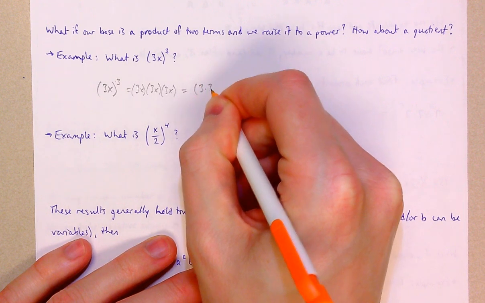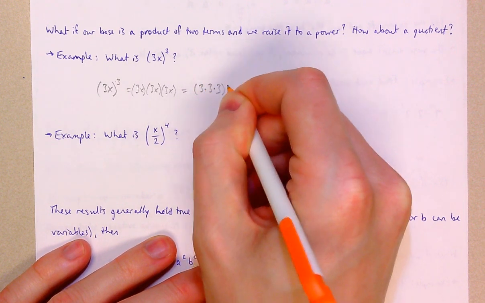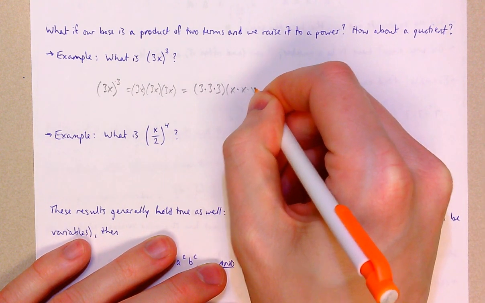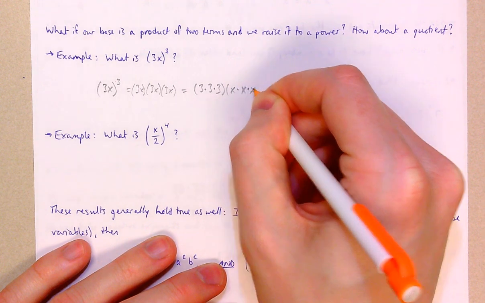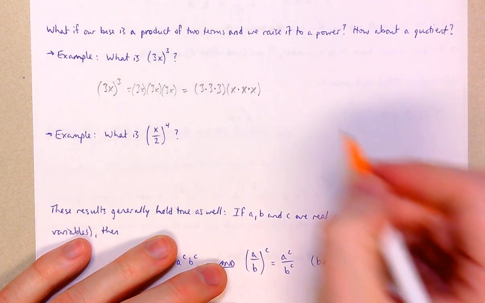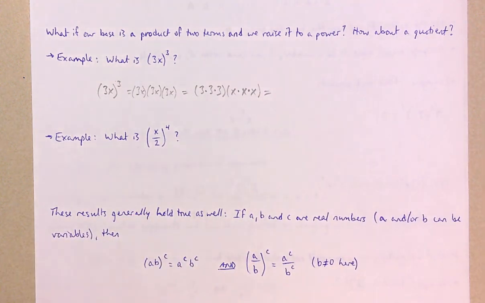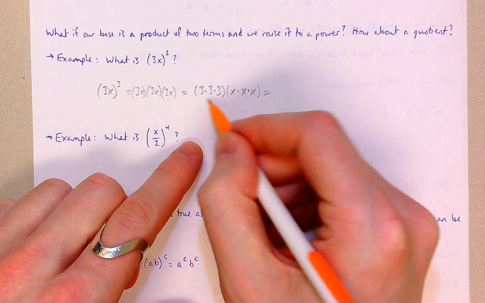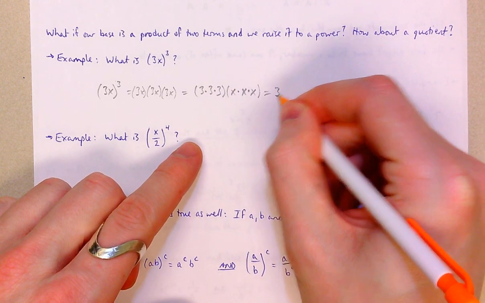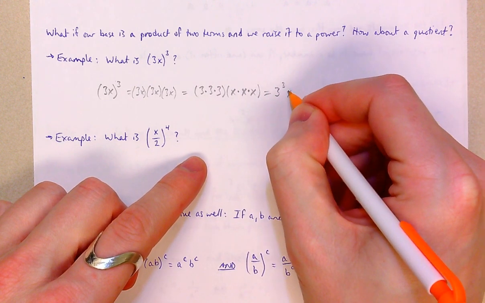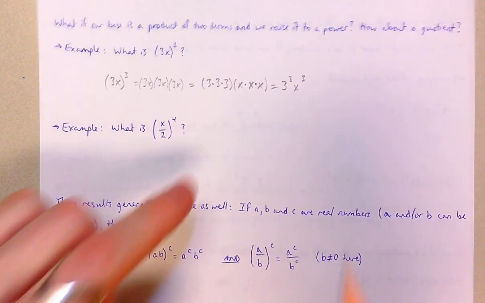So that's 3 times 3 times 3 times x times x times x. And again, using the definition of an exponential expression, 3 times 3 times 3 is 3 raised to the power of 3, and x times x times x is x raised to the power of 3.